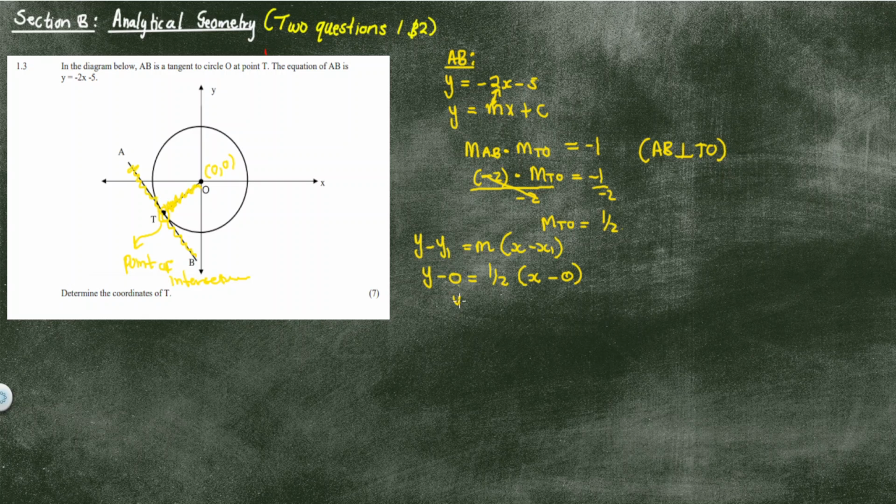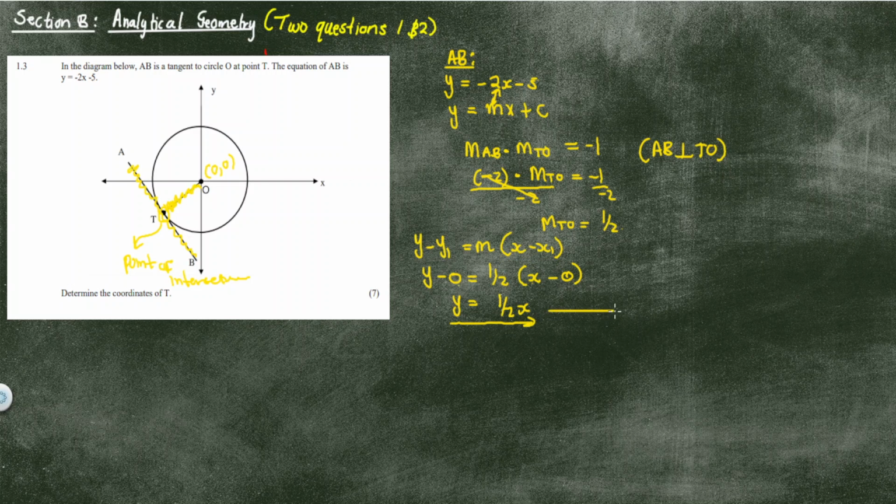So y minus 0 is just y, and then x minus 0 is just x. So you multiply ngalo half la. No matter how you foil, after foiling this your final answer is gonna take you straight to half x. So this is my equation for the straight line.